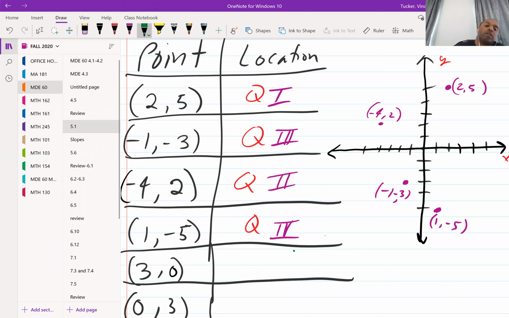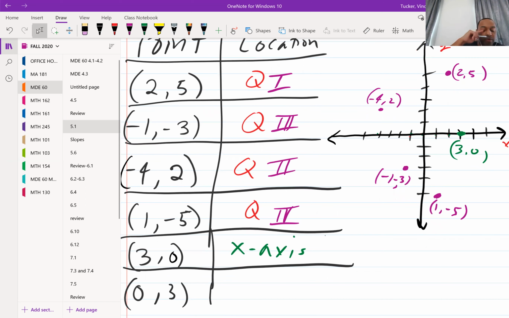All right. So for the fifth one, notice it's 3, 0. So we go to the right 3, but we do not move off of that x-axis because y is 0. So it is just sitting on the x-axis. And then similarly, 0, 3, you don't move left or right because x is 0, but then you go up 3.